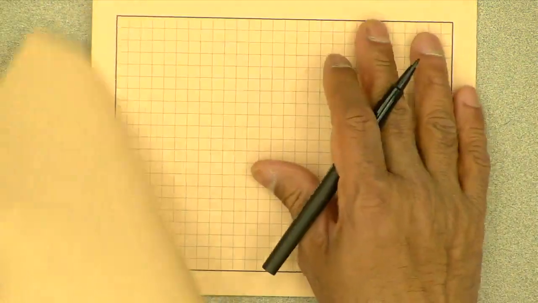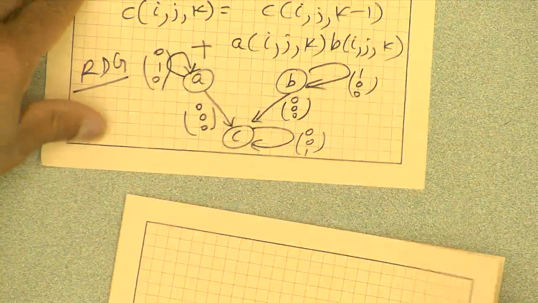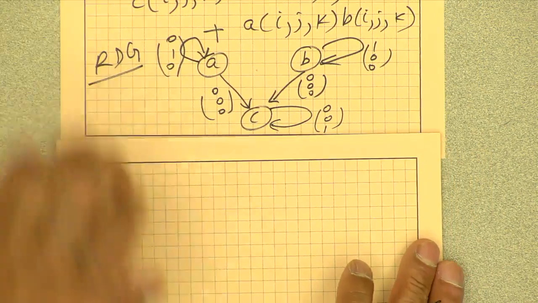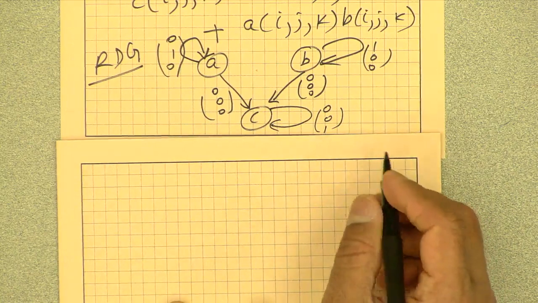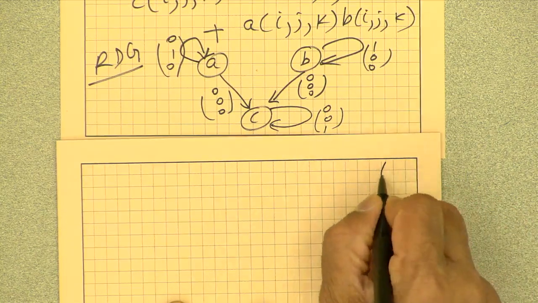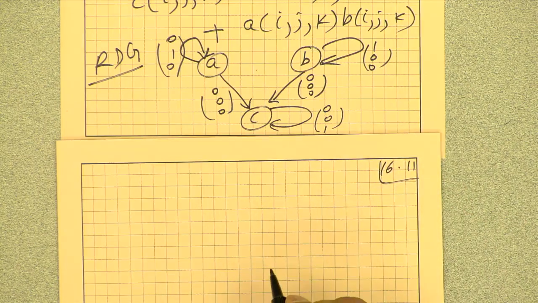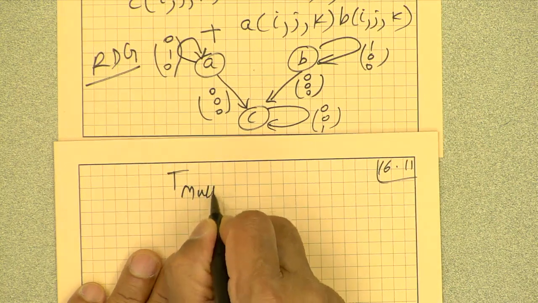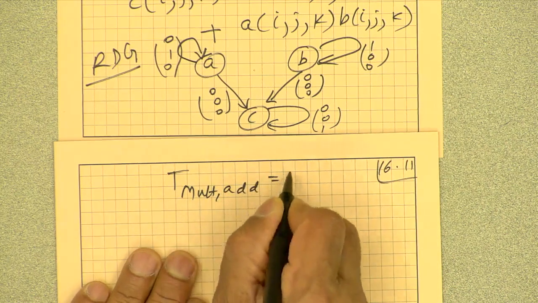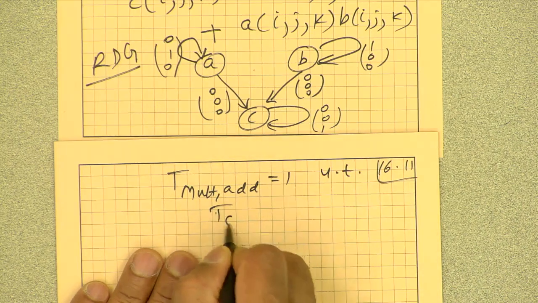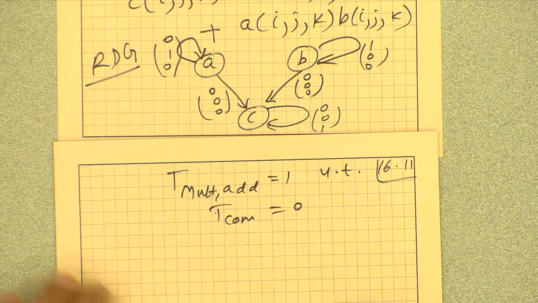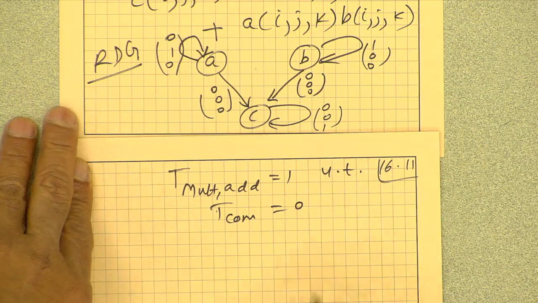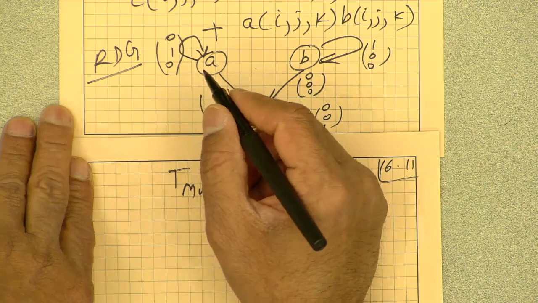Okay. So, from the reduced dependence graph, we could now write down, okay. So, if we assume the multiply add is 1 unit of time and the communication time is 0, well, there is no communication time now, unlike the previous example.